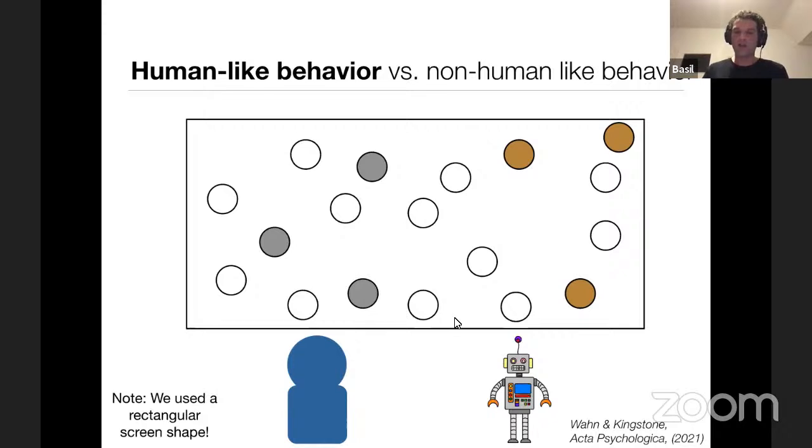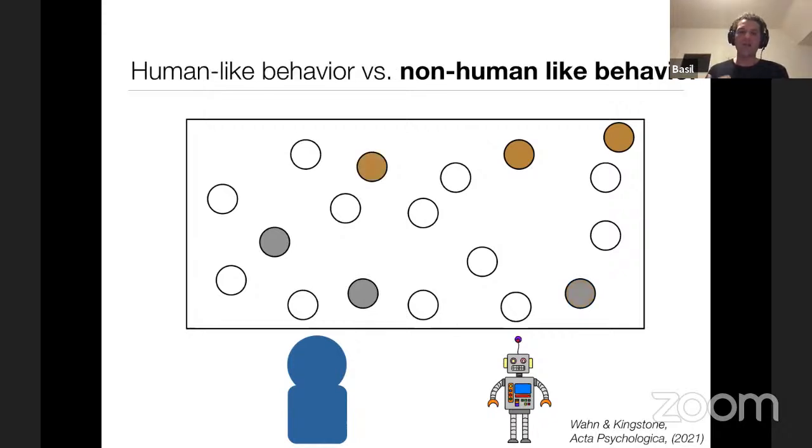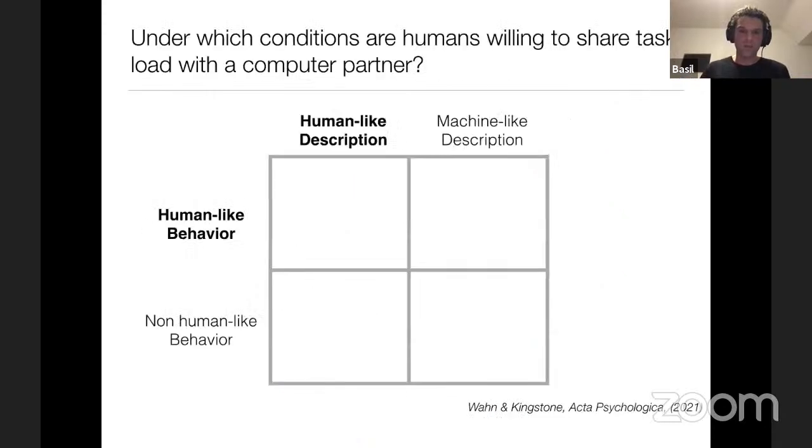Then, as a non-human-like behavior, we let the computer perform an up-down labor division strategy. So the computer was consistently always tracking the upper targets or always consistently tracking the lower targets. And we varied this also in the between subject design.